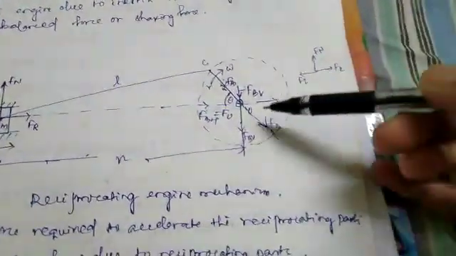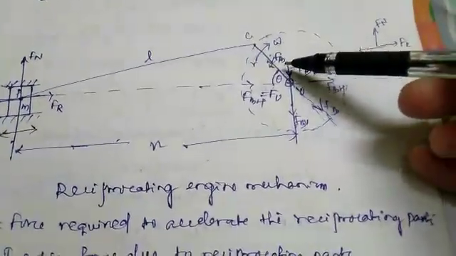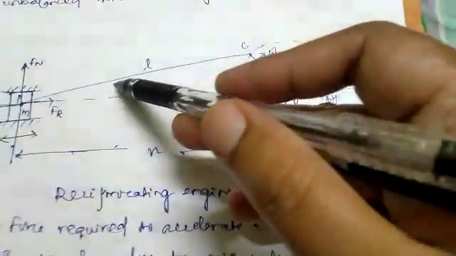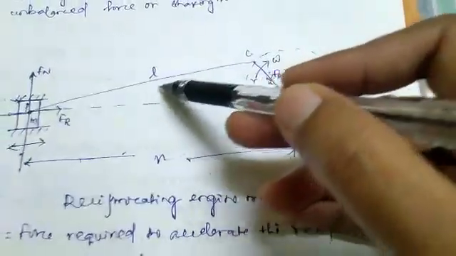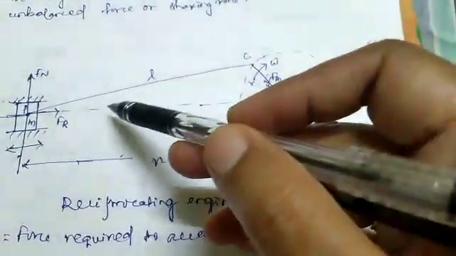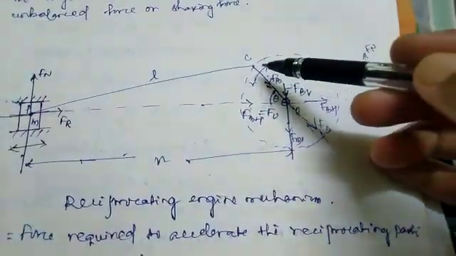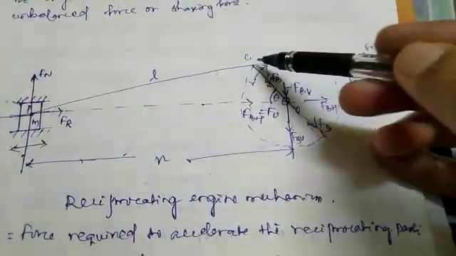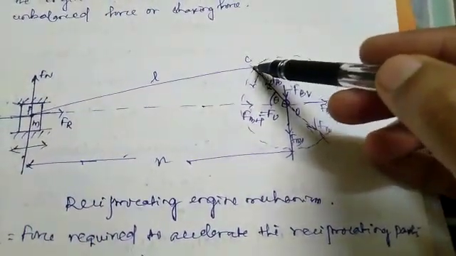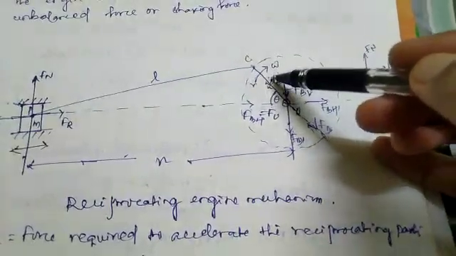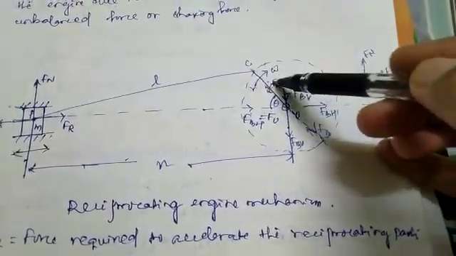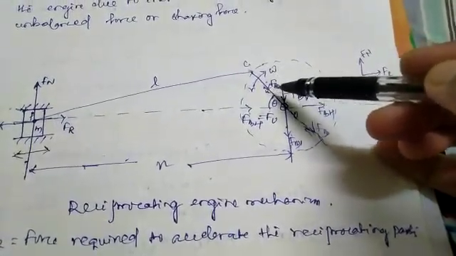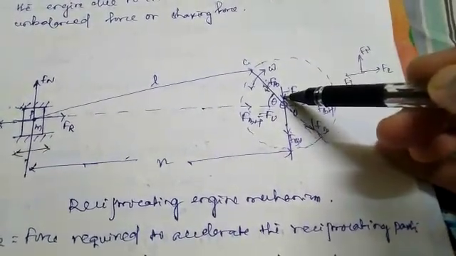Now you consider this part. Here you can see due to the movement of the connecting rod, one force will be imparted here, and that force, Fb, is called the force acting on the crankshaft bearing.